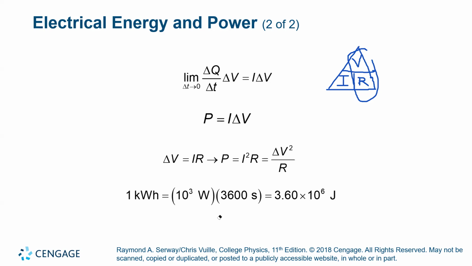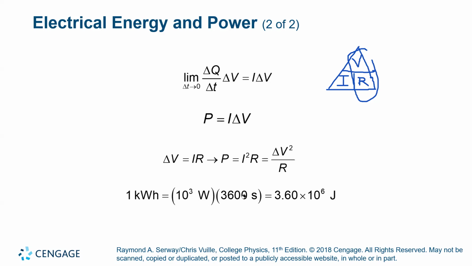Watts is joules per second, so you'd multiply by seconds to get the number of joules. And as you can see, there's a convenient grouping that we use in our society of 1 hour, and kilowatts is another convenient grouping that we like to use in terms of this measure. The electric company is going to charge you for every kilowatt hour of energy you use. That's 3.6 million joules. Every kilowatt hour is 3.6 million joules.